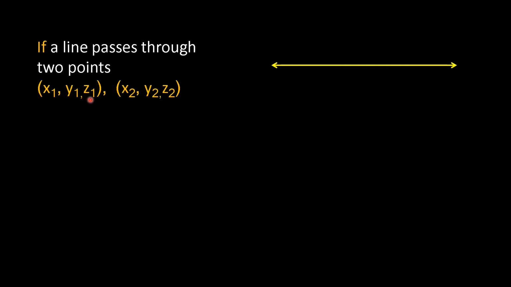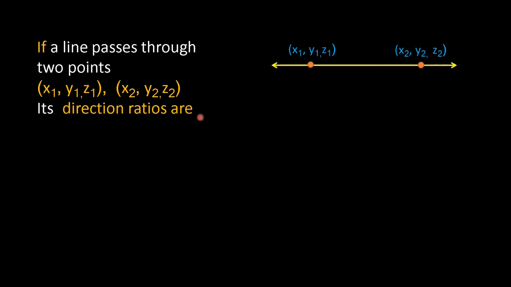Let us understand one more property of direction ratios. If a line passes through two points (x1, y1, z1) and (x2, y2, z2), then its direction ratios are a equals x2 minus x1, b equals y2 minus y1 and c equals z2 minus z1.